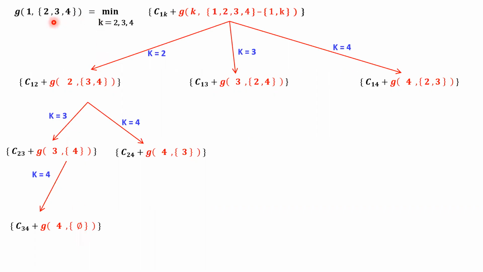The other path will be, I'll start at 1, then I'll visit 2, then 4, then 3. So I have visited 1, 2, 4, and 3 in that order. Now there are no remaining cities to be visited. So I have shown you here 2 different paths: 1, 2, 3, 4 and 1, 2, 4, 3.